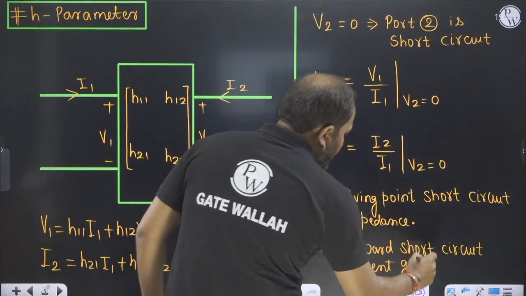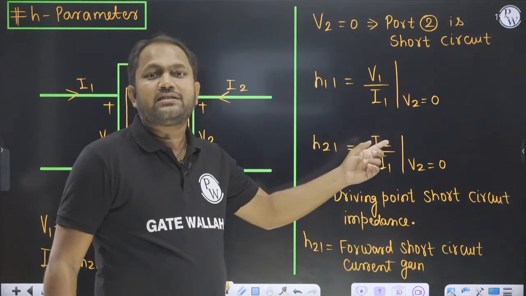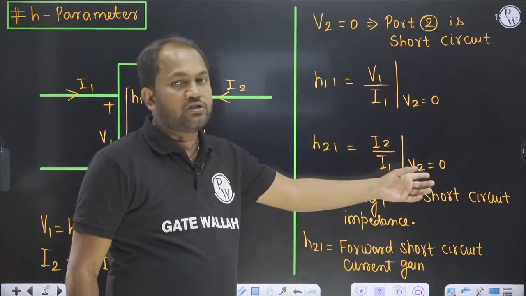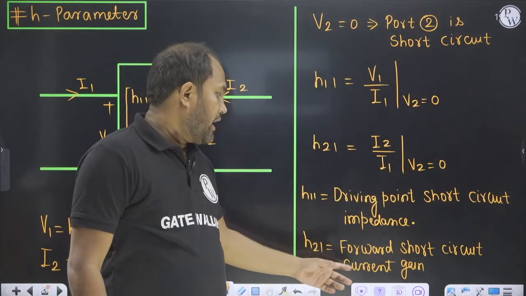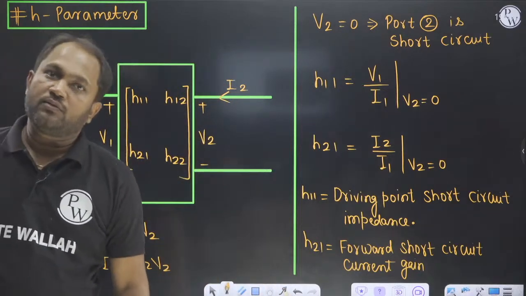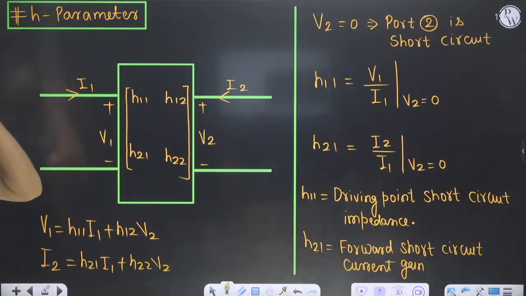Why forward? Because the second is output and the first is input. Why short circuit? Because V2 is 0. And why current gain? Because it is a ratio of currents. So it is known as the forward short circuit current gain.